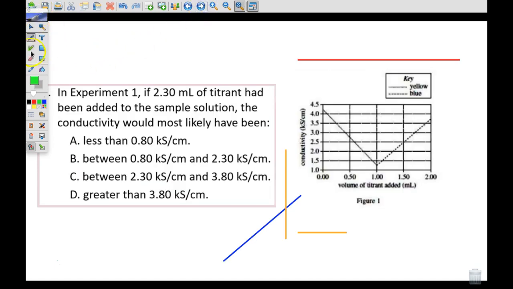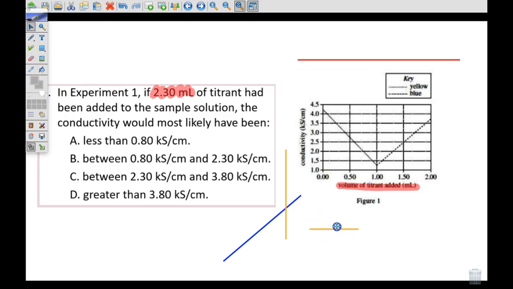In question 3, it asks, in experiment 1, if 2.30 milliliters of titrant had been added to the sample solution, the conductivity most likely would have been what? So I'm looking at my scale, that volume of titrant added, and I see that I end at 2.00 milliliters. But the question is asking for 2.30, which is beyond the scope of the information that I've been given.